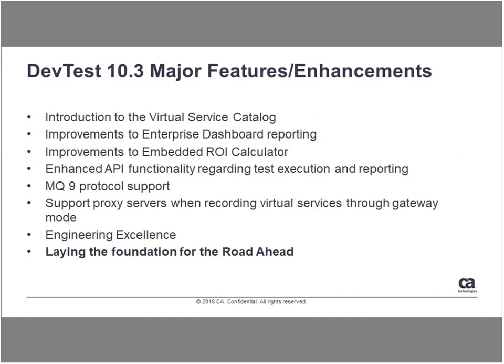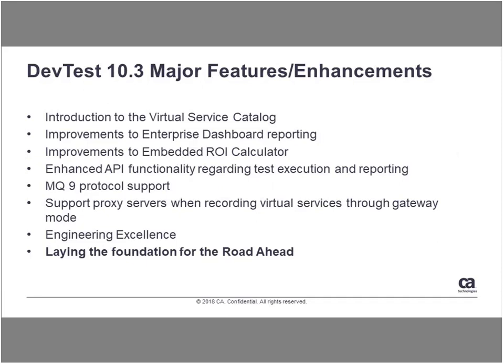And from a high-level perspective, I want to jump into what are those features and functionality you can get excited about. And we'll dig into these a little bit deeper, but from a high-level perspective, in 10.3, we've introduced a virtual service catalog. We've also enhanced our enterprise dashboard reporting and our ROI calculator. These features and functionalities were introduced in 10.2, and we've enhanced them based on feedback we've received from our clients.